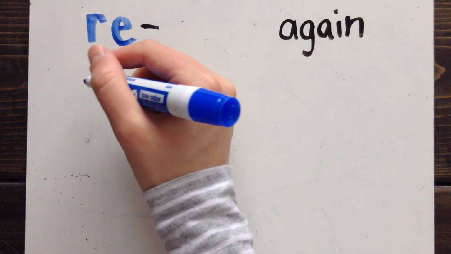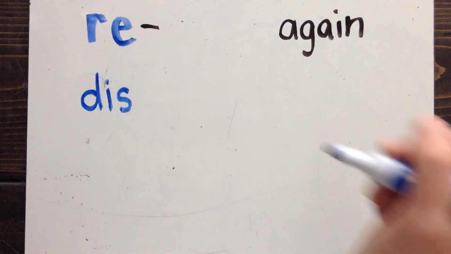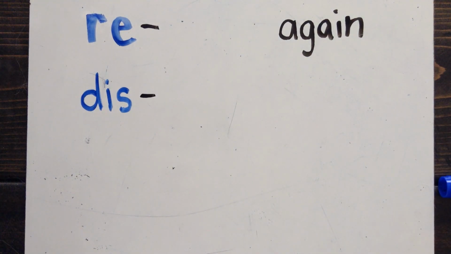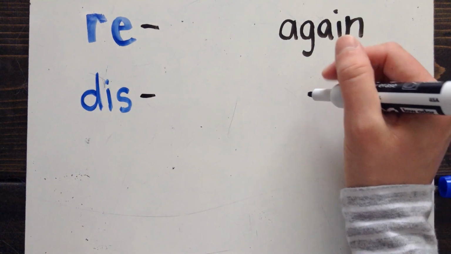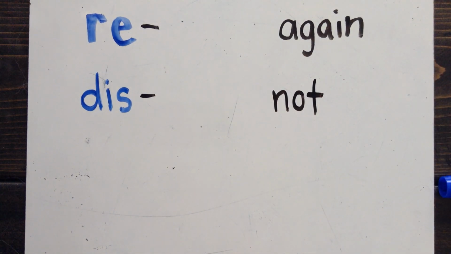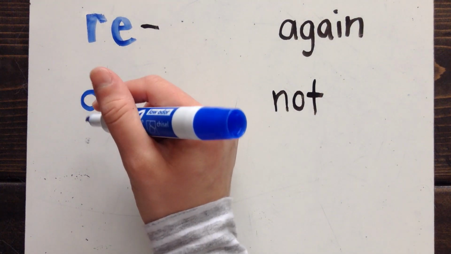Another common prefix, dis. If you see dis in front of a root word, it means not. There are actually many prefixes that have the meaning not. Let's write all of them.